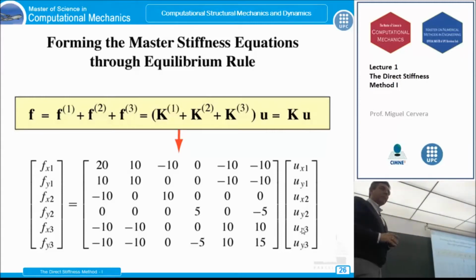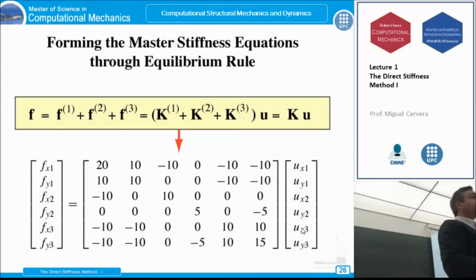Let's do a little bit of a recapitulation. What is this? What do we have here? We have global equilibrium. We have all the forces in the structure expressed as the multiplication of a matrix, which we have gone to this trouble to find. This is the stiffness matrix of the structure.